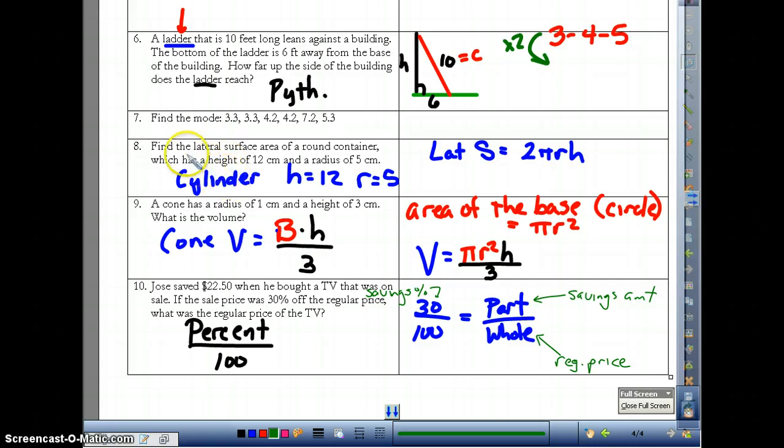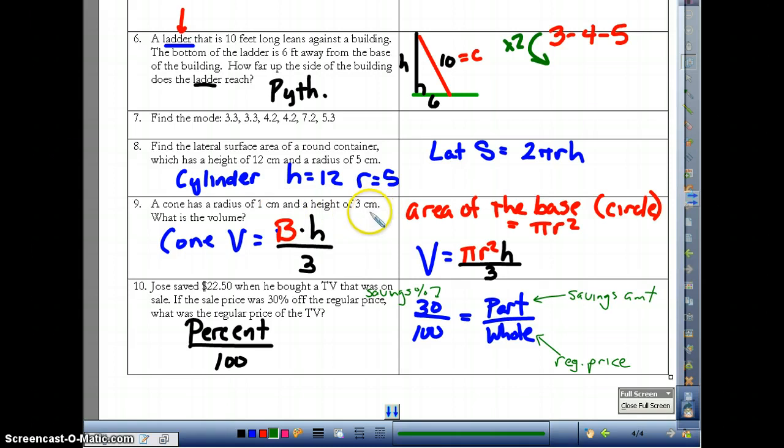Number 8, find the lateral surface area of a round container, that's a cylinder, that has a height of 12 centimeters and a radius of 5. Go to your formula chart, find lateral surface area for a cylinder. You get this. They gave you the radius, they gave you the height. You know what to use for pi. Number 9, a cone has a radius of 1 centimeter and a height of 3 centimeters.